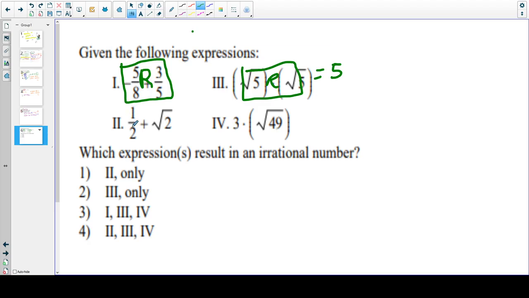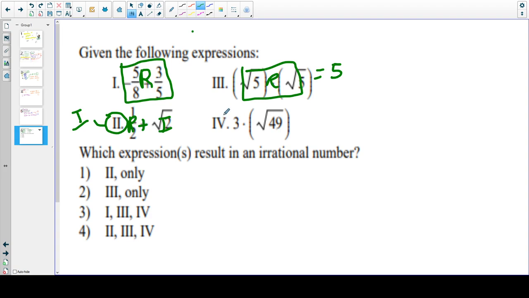This is a fraction, which means that this is rational, plus the square root of 2, which we know is irrational. So number 2 is irrational. Also, if you put it on your calculator, 1/2 plus the square root of 2 is going to be a decimal number that goes on forever with no pattern.